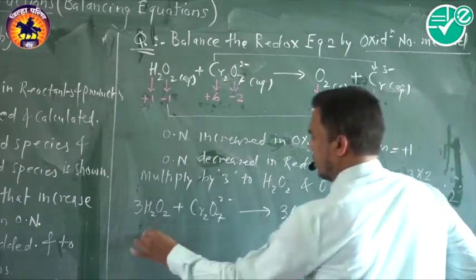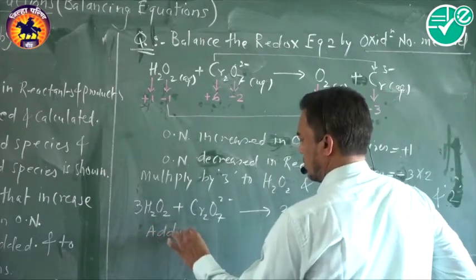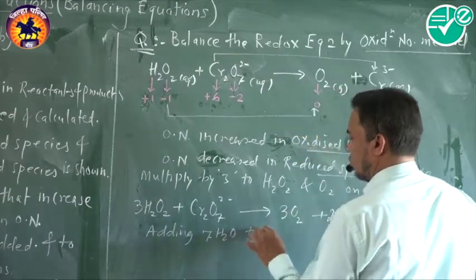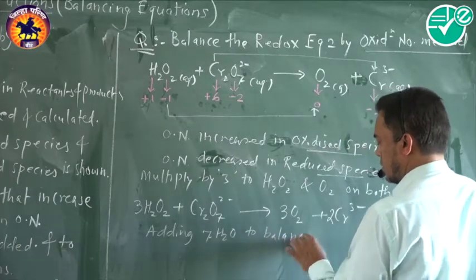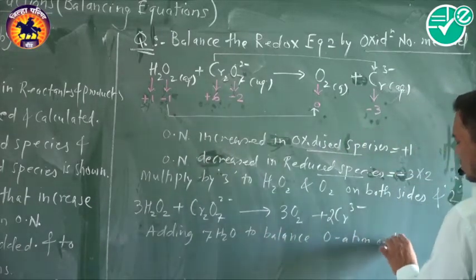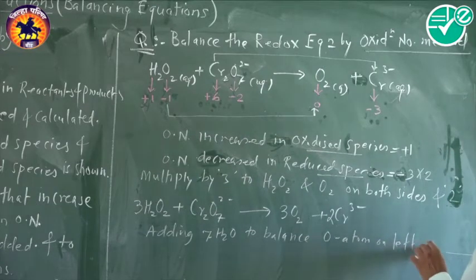So adding 7 H2O to balance oxygen on the left side.